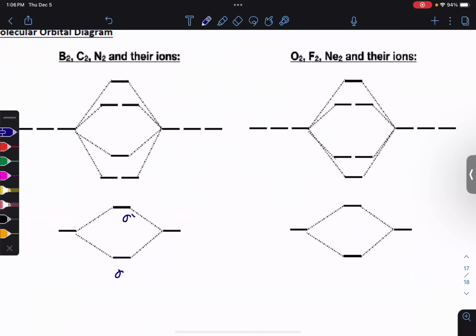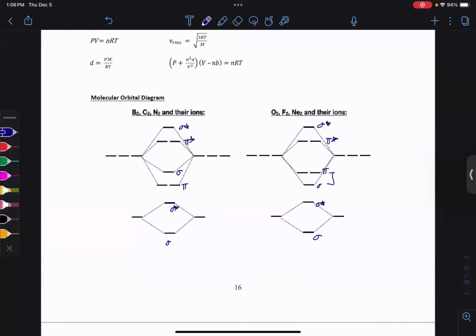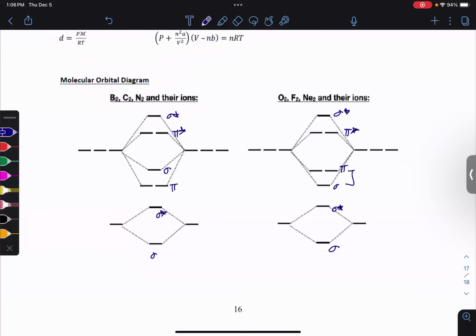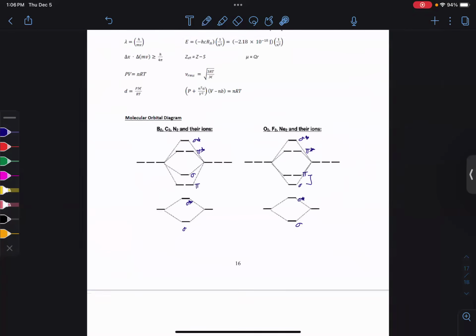We got sigma, sigma star, pi, sigma, pi star, sigma star for this one, and then this one is just a little bit different, where the ordering of these two just swaps. So it goes sigma, then pi, but then it's still pi star, sigma star, all right? So those are our molecular orbitals. That is kind of the bare minimum you need to know about making these diagrams.